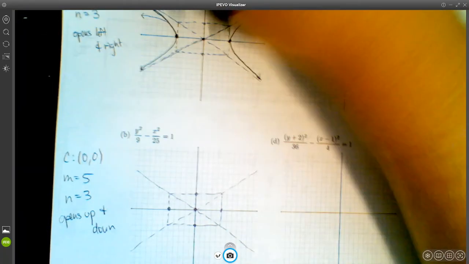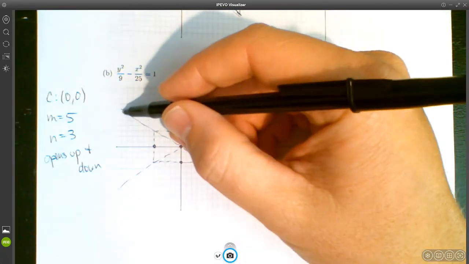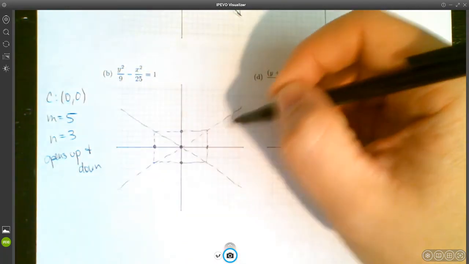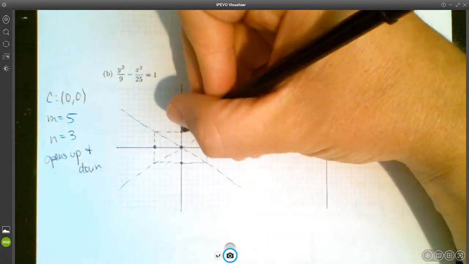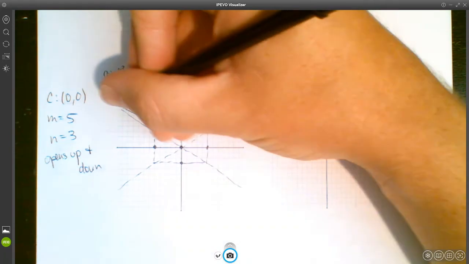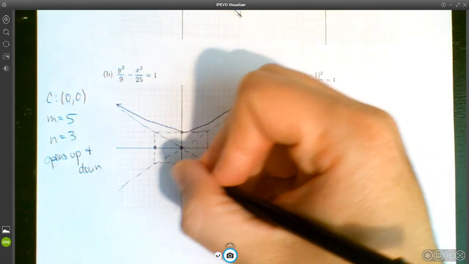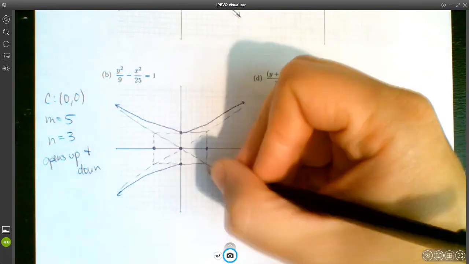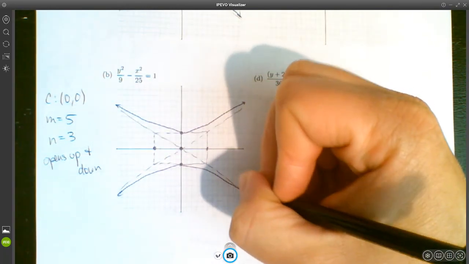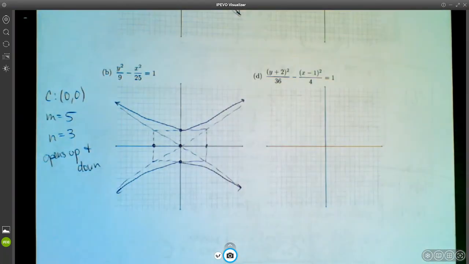And now the only difference is that this one opens up and down instead of opening left and right. So instead of having the curve here and here, the curve is going to be here and here. Okay, so that's what that hyperbola looks like.